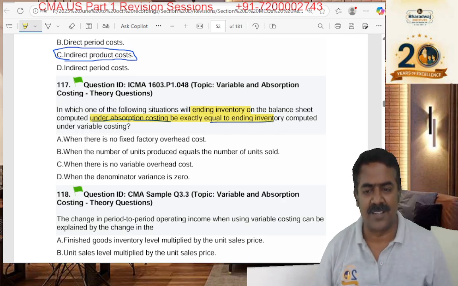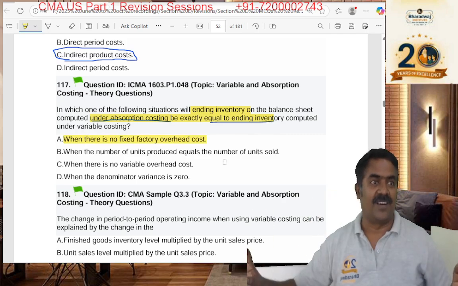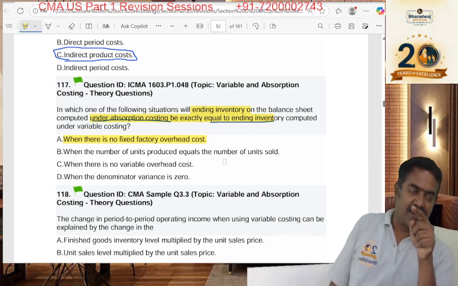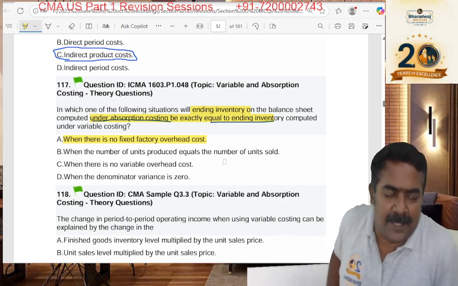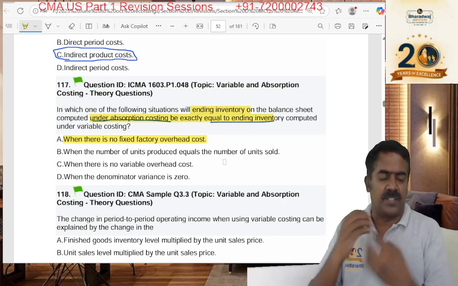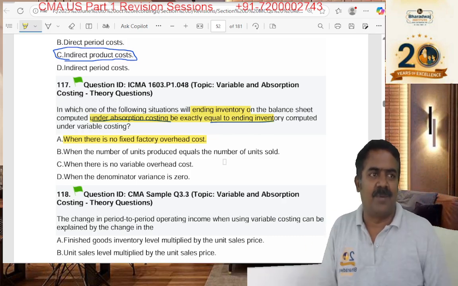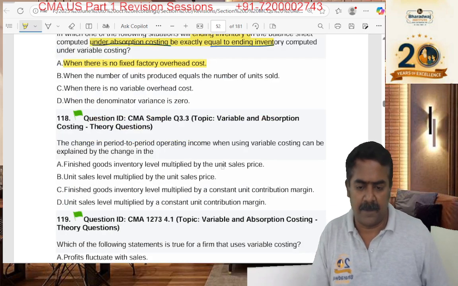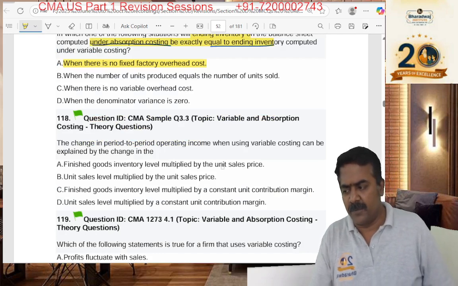Then there is no fixed overheads. When there is no fixed overheads at all, inventory value will be the same. There is no fixed cost at all, only variable cost. Now, marginal costing as well as absorption costing will show the same profit.